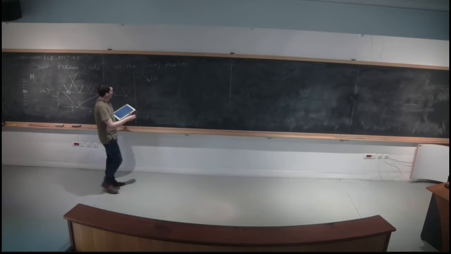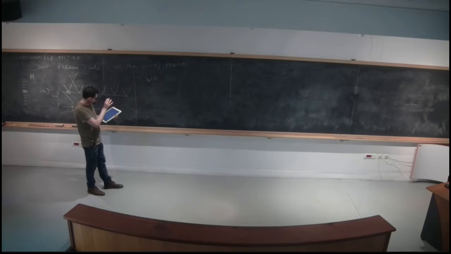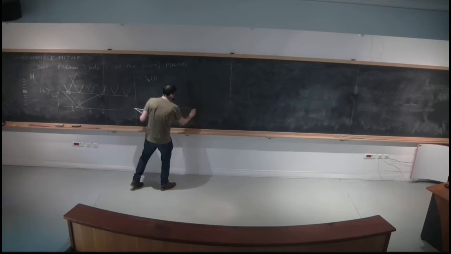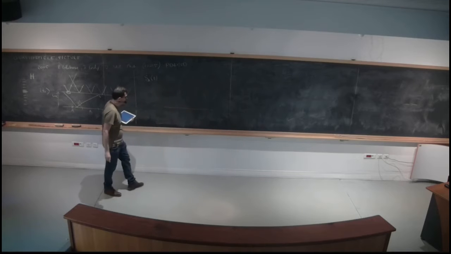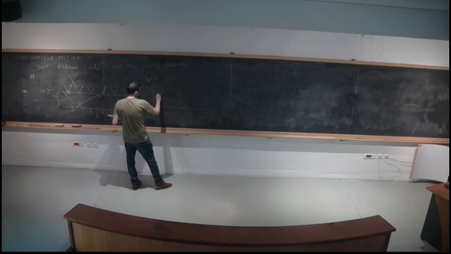Good. So you can either do the calculation or you can understand things pictorially. Again, we have our initial state, and then we want the entanglement at time t. So this is time t.